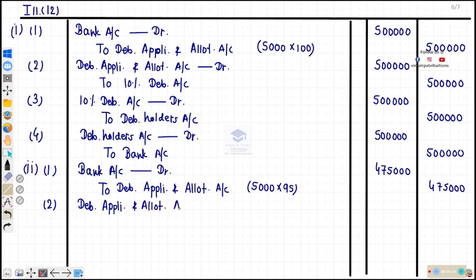Debenture application and allotment account debited, discount on debenture or debenture discount, one is the same thing, debited to 10% debenture.